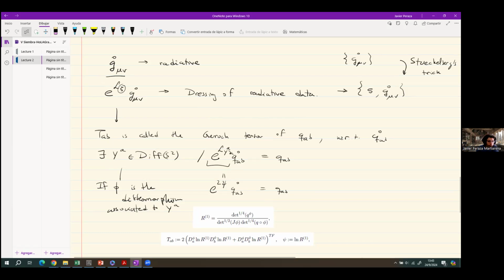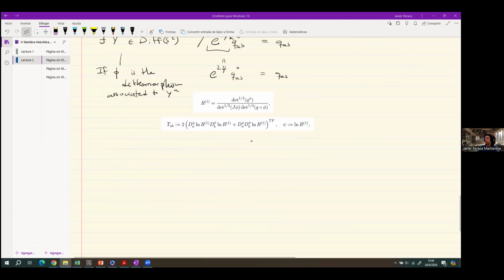And I have a nice picture. Let me show you. I think I have it somewhere. Okay, but I can write. So the picture is the following. Here we have the space of metrics such that the volume is equal, and here we have the round metric.